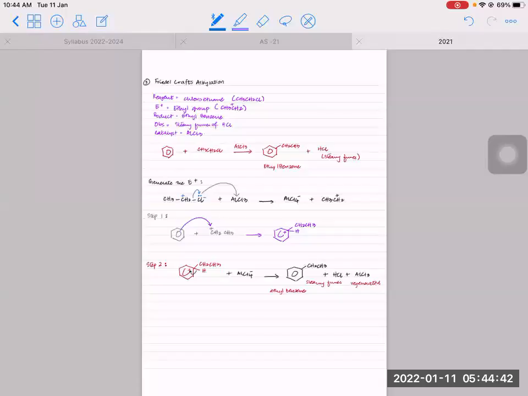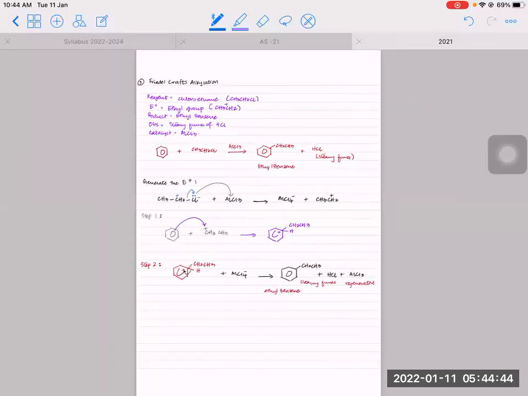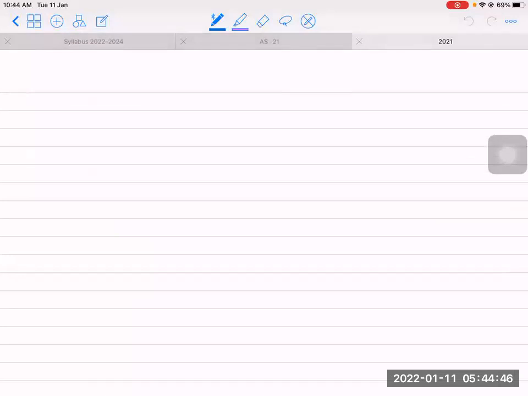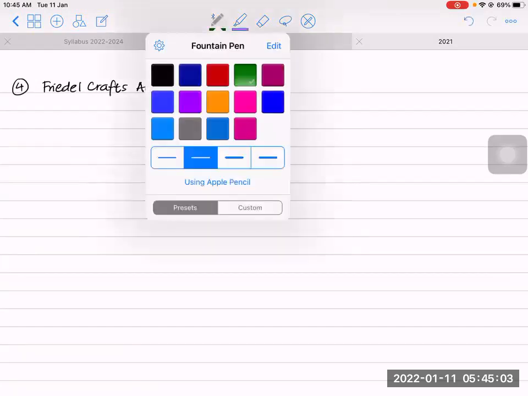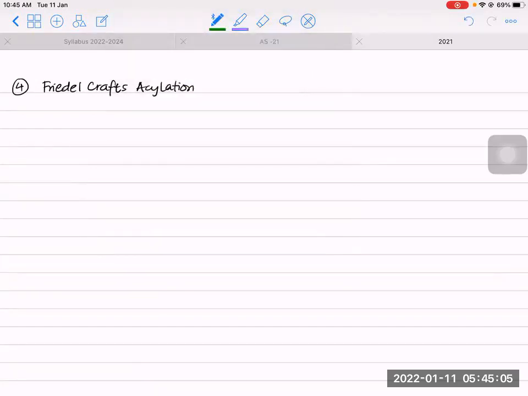Now let's see Friedel-Crafts acylation. So we did alkylation. Let's now see Friedel-Crafts acylation. Now we'll be attaching the acyl group. Let's see what will be our reagent.